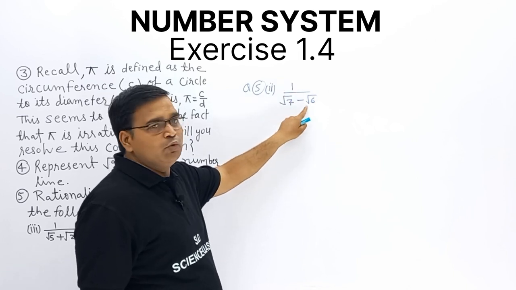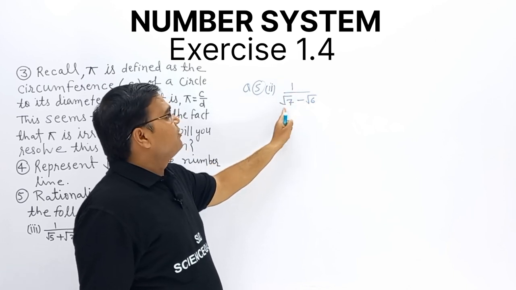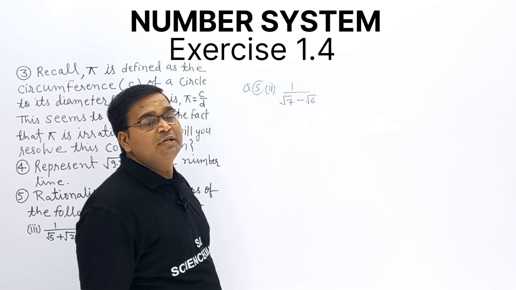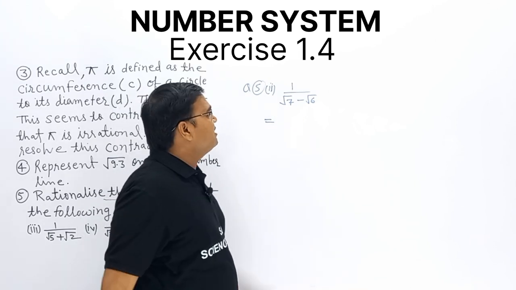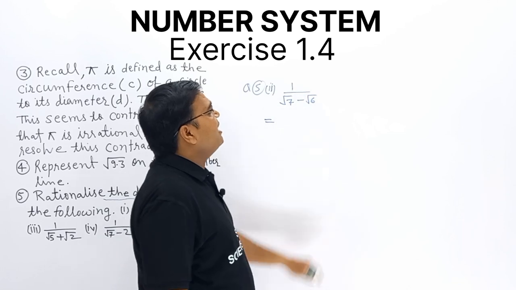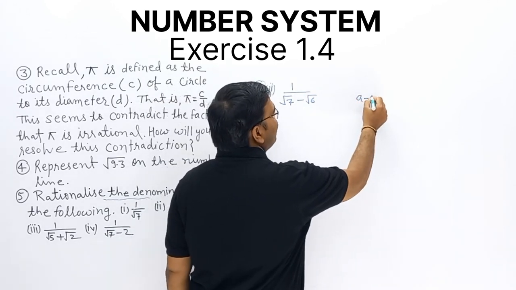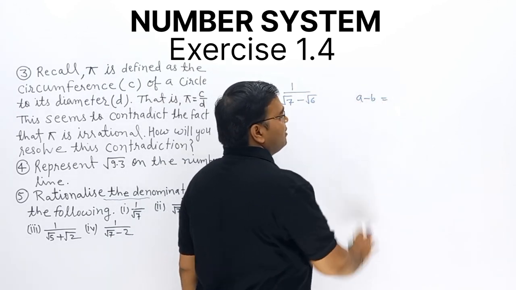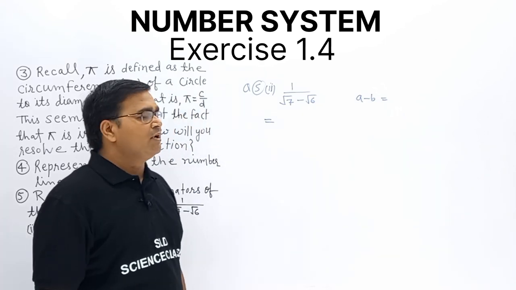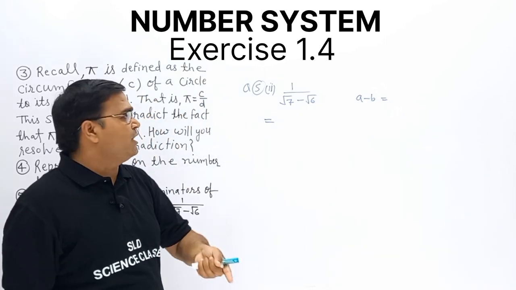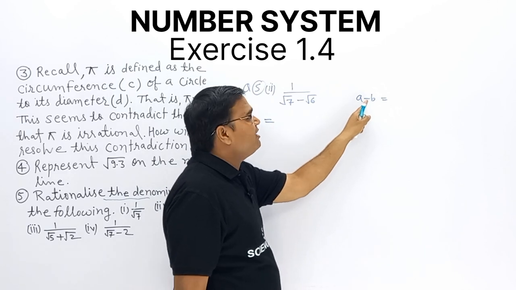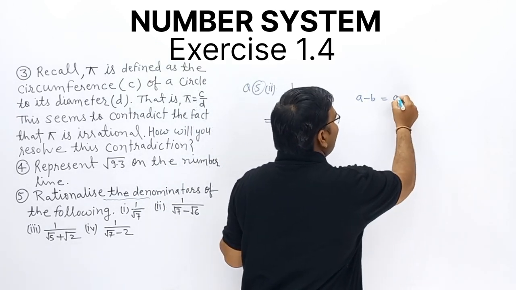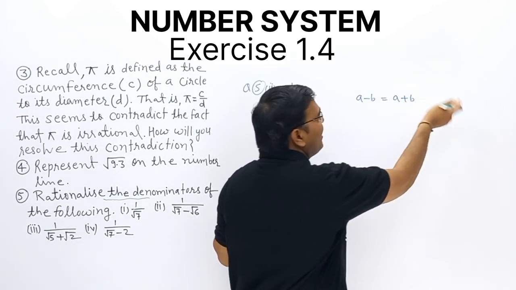So we want to remove these square roots. We will do the rationalization of the denominator, and if the denominator has a minus b, we will take its conjugate. What is the meaning of conjugate? If the denominator has a negative sign, we multiply and divide by its positive, and vice versa.